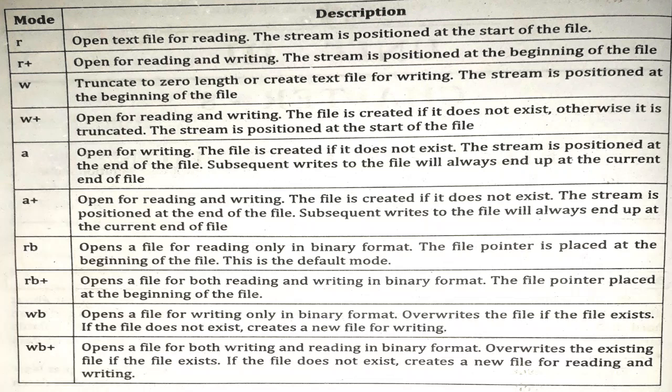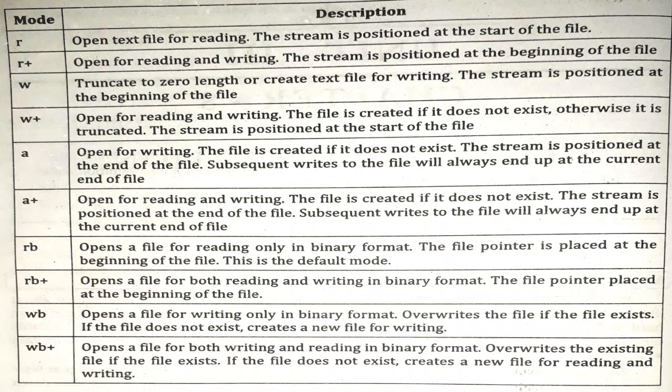Then we have A mode, that is open for writing. The file is created if it does not exist. The stream is positioned at the end of the file. The subsequent writes to the file will always end up at the current end of the file. So basically in A mode we are using it just to write the content or just to add the text.